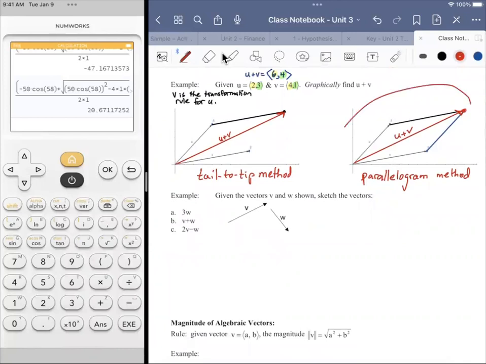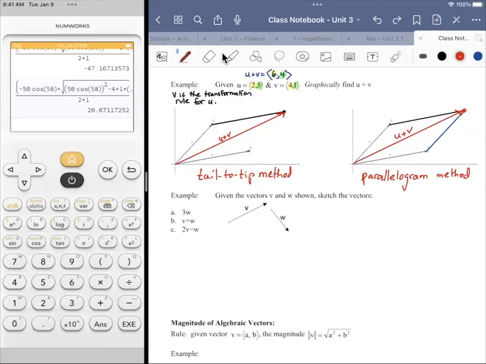If we do it this way, we're still going to need the law of sines and cosines to find that missing side. If I needed the magnitude of this line segment, I would need the length of that side, which requires the law of sines and cosines because there are no right triangles there. Tail to tip just gives us the diagram, but then we could use Pythagorean relationships from there.